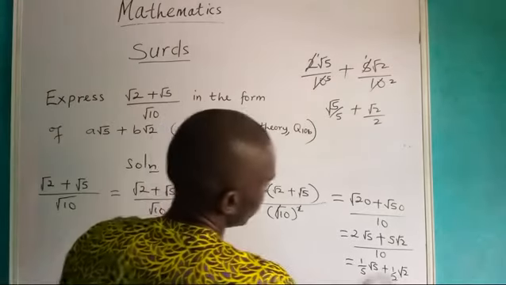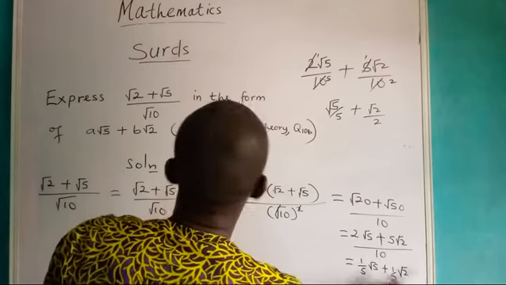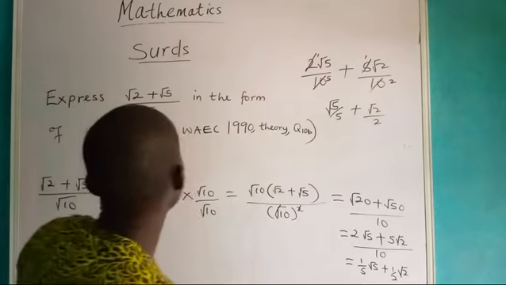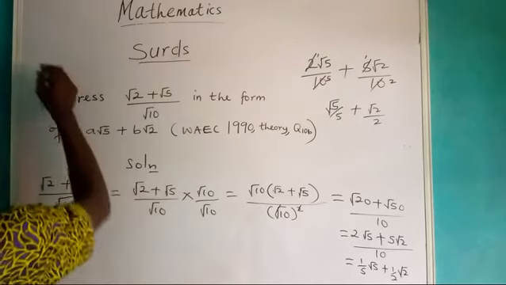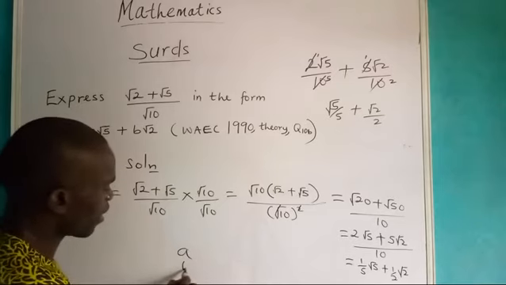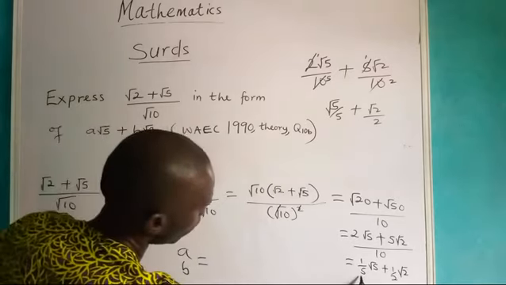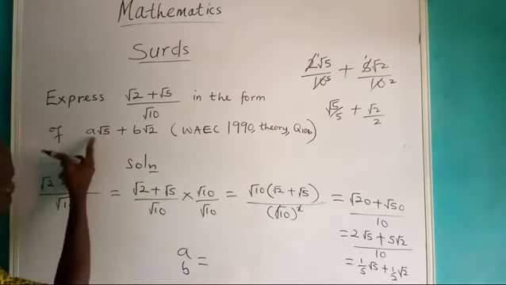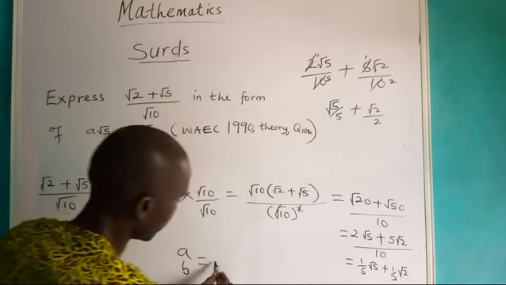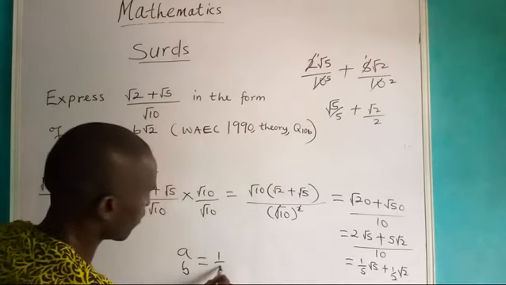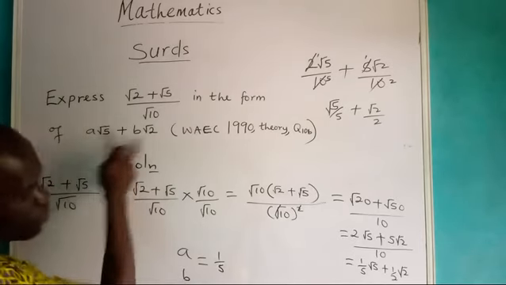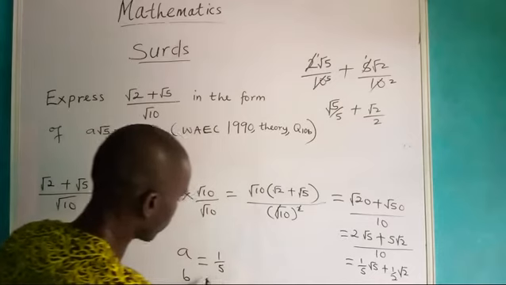Can you see that the solution has root 5 and also root 2? If, for instance, they ask you to determine the value of A and B, the position of A is at the back of root 5, which is 1 over 5, while B is at the back of root 2, which is 1 over 2.